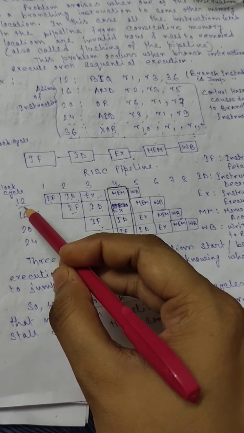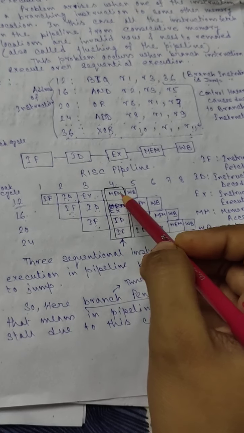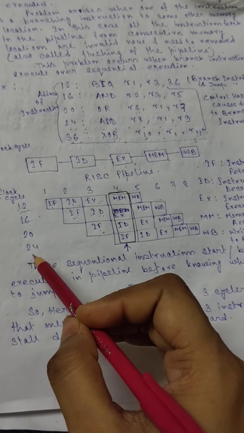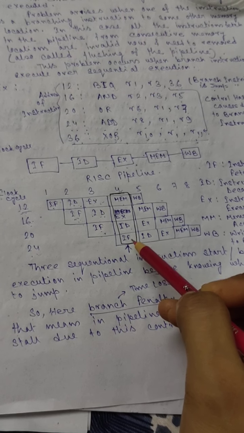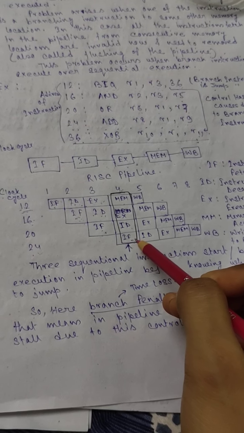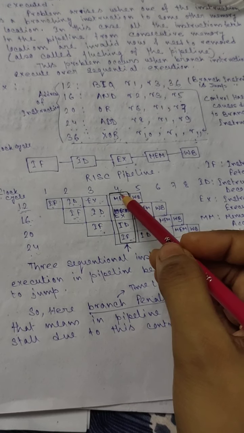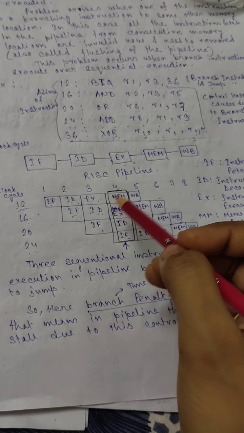So here you can see in the fourth clock period, the first instruction of address 12 is using memory, and the fourth instruction at 24 is also using memory, because it is in fetching mode, and we know memory contains the data.